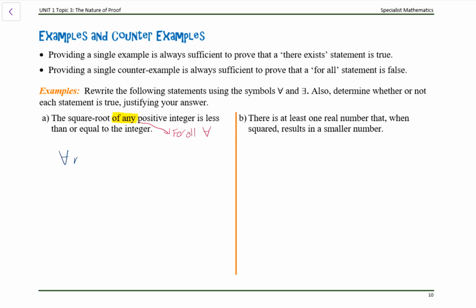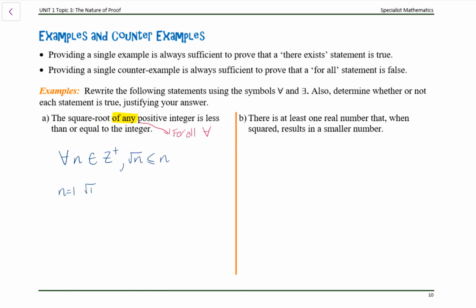So for all n such that it is an integer and it's a positive integer, the square root of n has to be less than or equal to n. That's what that's saying. So let's think about it. N equals 1.